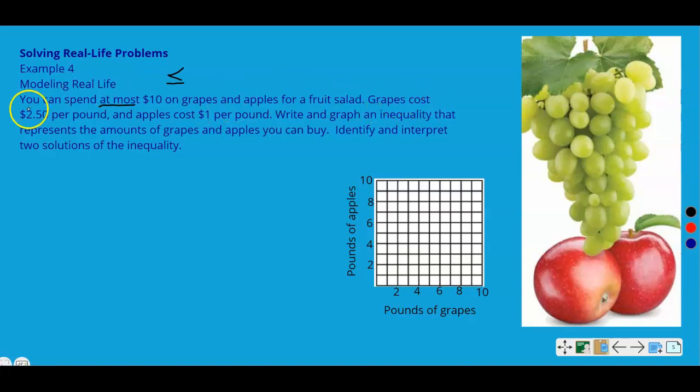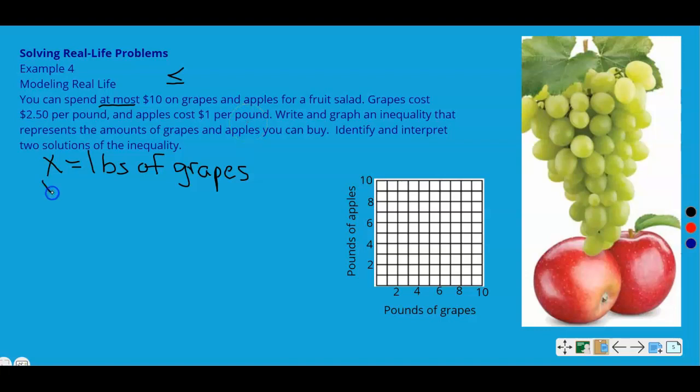All right, so grapes cost $2.50 per pound. So we could say let X be pounds of grapes. Let's go ahead and define our variables. And apples cost $1 per pound.